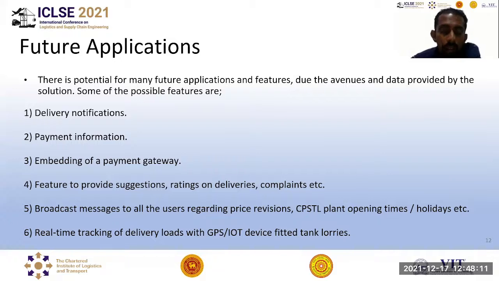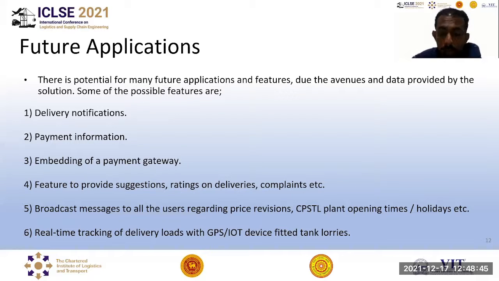Then we are currently working on notifications like broadcast messages, to let them know about fuel price revisions, maybe the availability of CPSTL plants, whether they've been working on 4 days and all that, and what the holidays are. So as I've told earlier, we can impart GPS or IoT regarding the fuel stock levels and where the particular tank lorry is, and the estimated time, maybe ETA for your location.